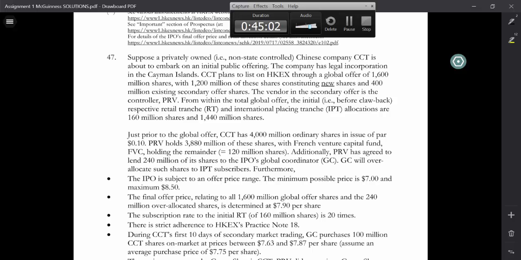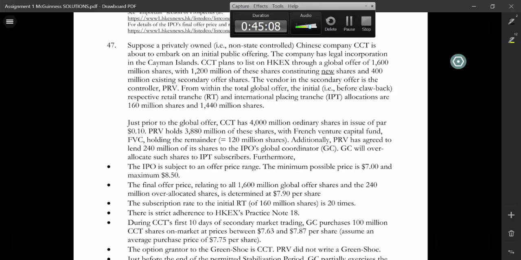Suppose a privately owned Chinese company, CCT, is about to embark on an IPO. It is incorporated in the Cayman Islands, and we did speak about beautiful Cayman Islands earlier in the term. They plan to list on Hong Kong Exchange through a global offer of 1.6 billion shares. 1.2 billion is primary and 400 million is secondary.